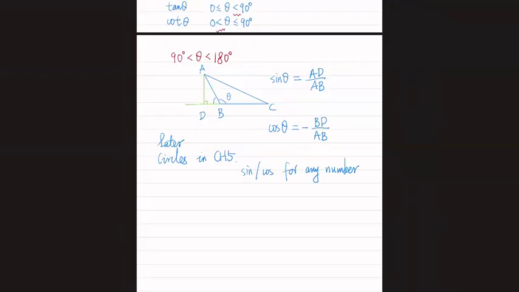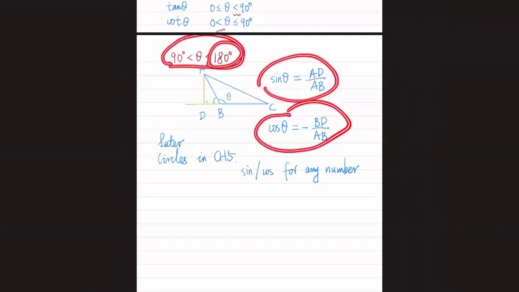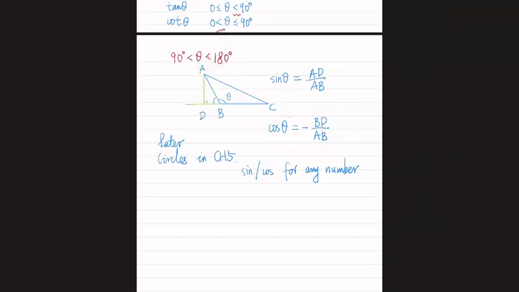For the moment, let's just remember that for angles between 90 degrees and 180 degrees, sine is positive, cosine is negative. Next chapter, we'll learn more about sine x and cosine x for real numbers.